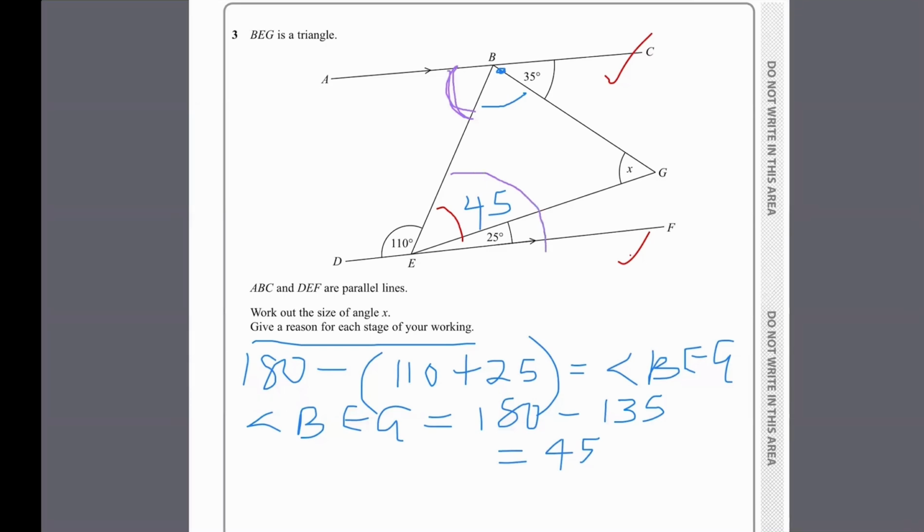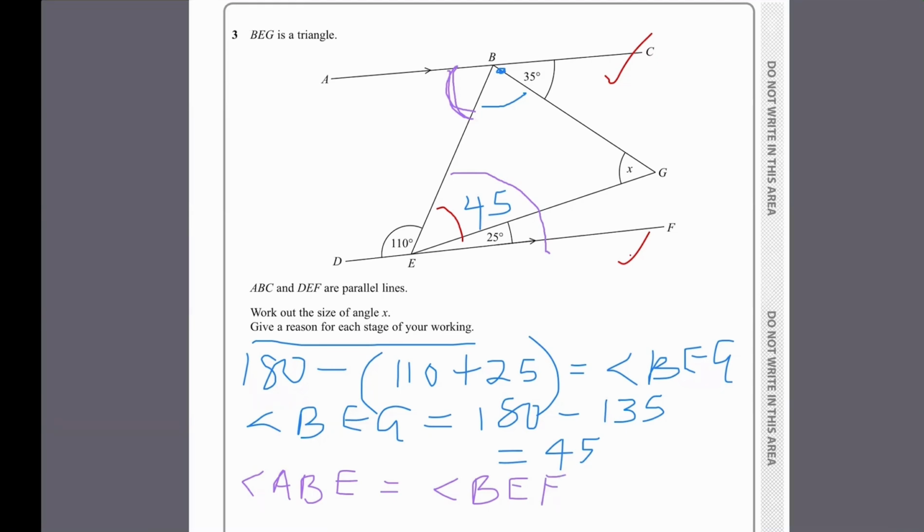So angle ABE is equal to angle PEF, from the P to the E to the F, the angle in the middle.